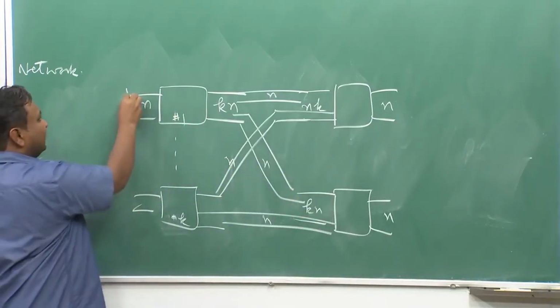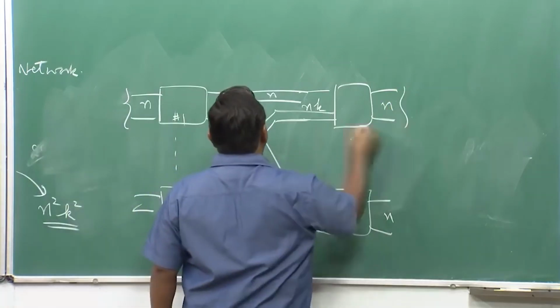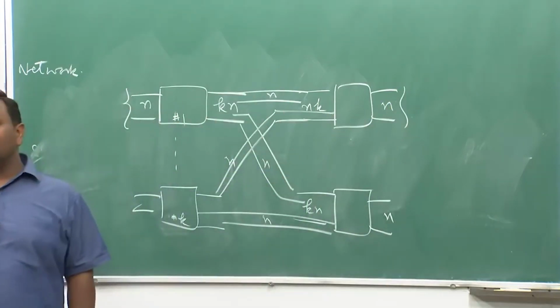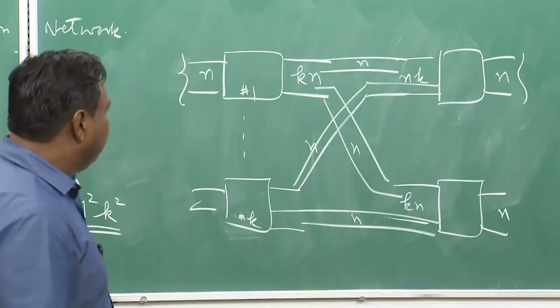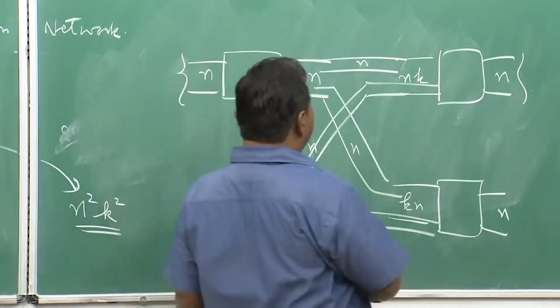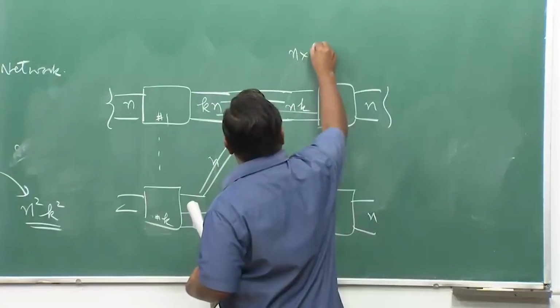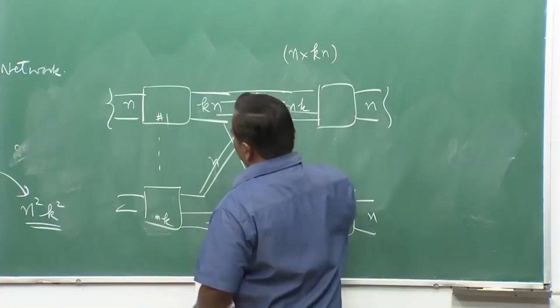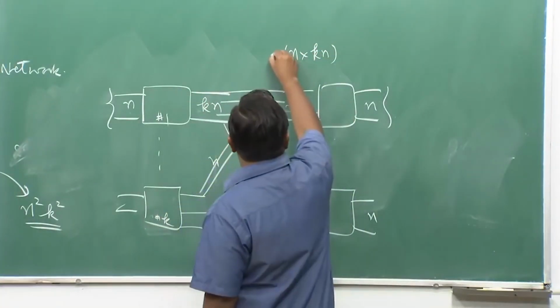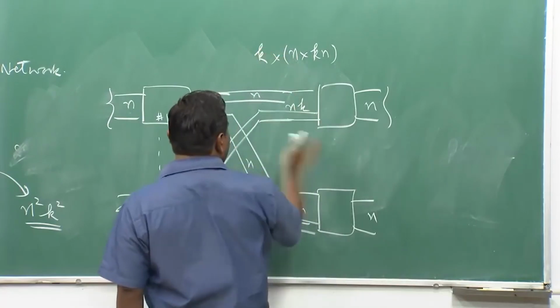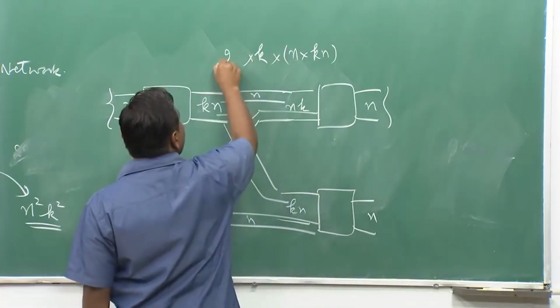So if all n connections are required to be made here, I can always do it. It is a strictly non-blocking system, but the number of cross points now required is n into kn into k such switches, and there will be 2 such stages.